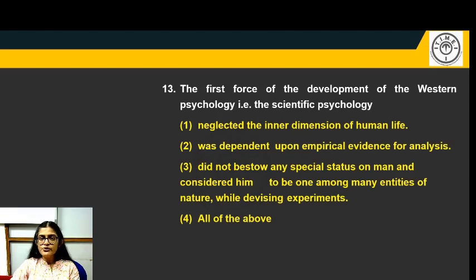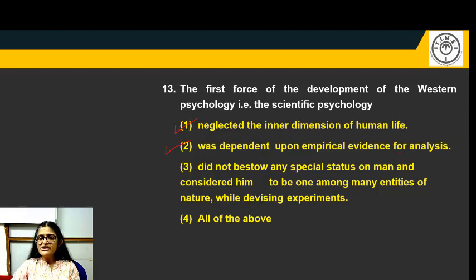The first force of the development of the Western psychology, that is the scientific psychology. So all these options are about scientific psychology. We have to see which one is or which ones are true. Neglected the inner dimension of human life. Yes, it focused on the outer dimension. This is correct. It was dependent upon empirical evidence, that is mentioned.